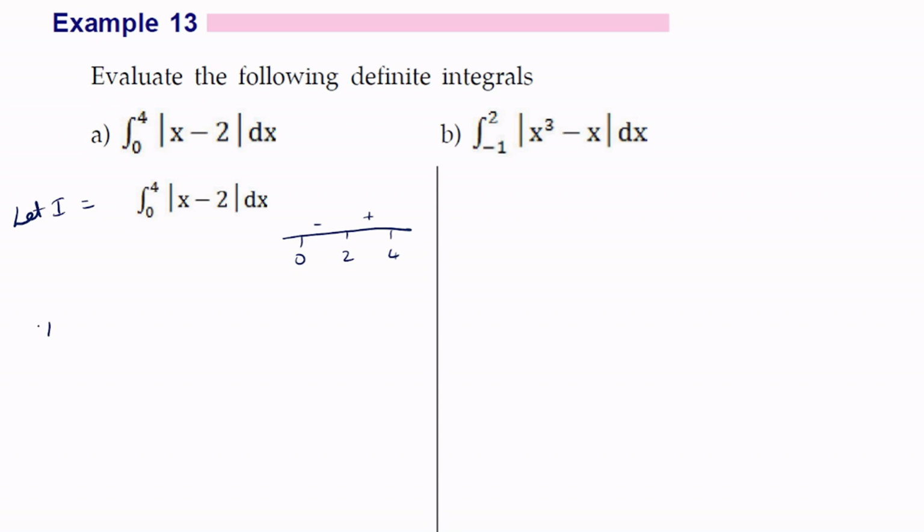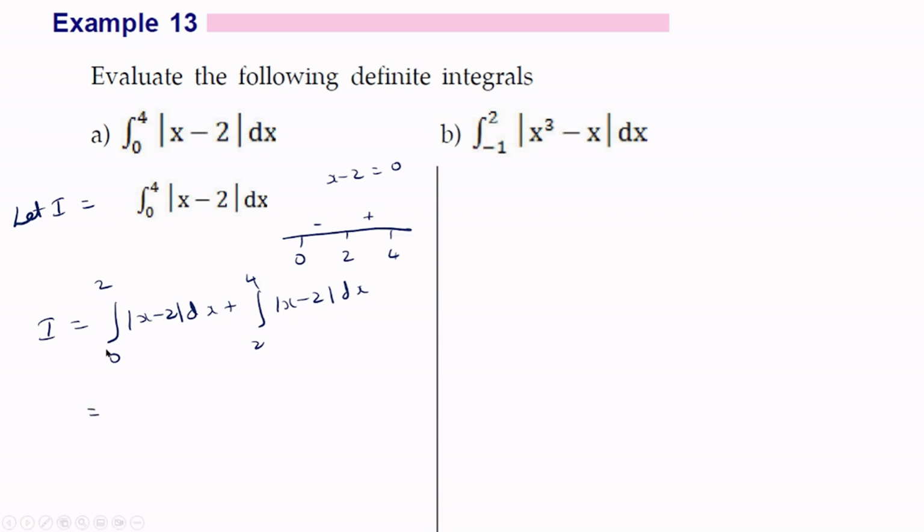So what we can do is, we can write I is equal to integral 0 to 2 mod x minus 2 dx plus integral 2 to 4 mod x minus 2 dx. That is, we equate x minus 2 to 0 and we find the critical point for this function. So here the critical point is 2, so we divide the interval from 0 to 2 and then from 2 to 4.